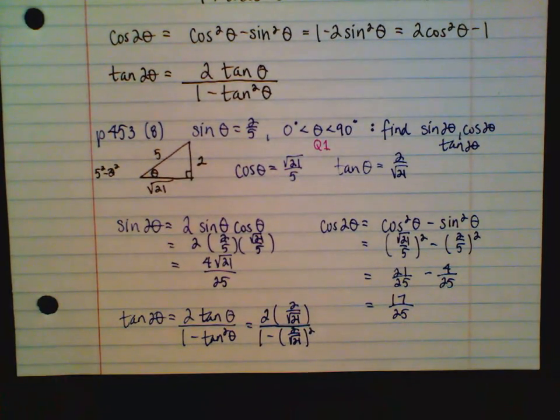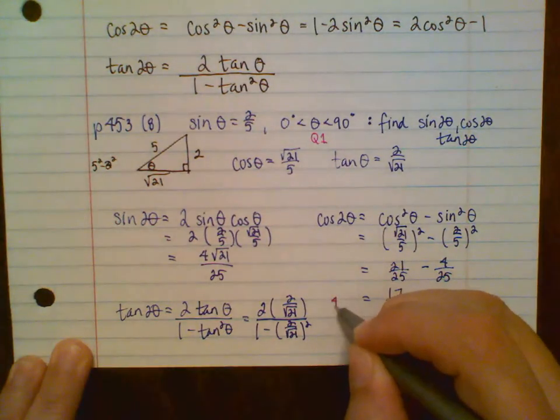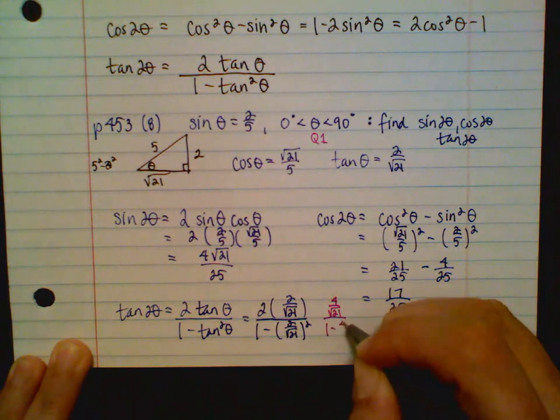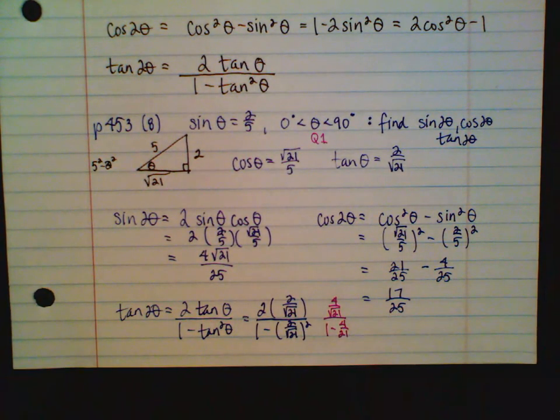Oh, I'm going to run out of room. Okay. So this becomes 4 divided by the square root of 21 divided by 1 minus 4 over 21.